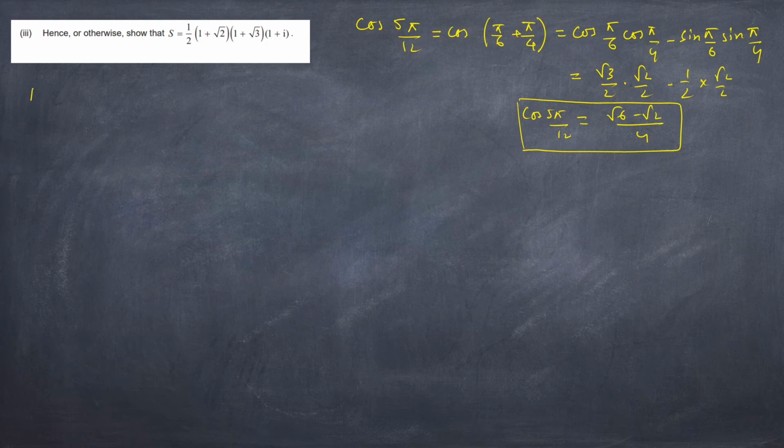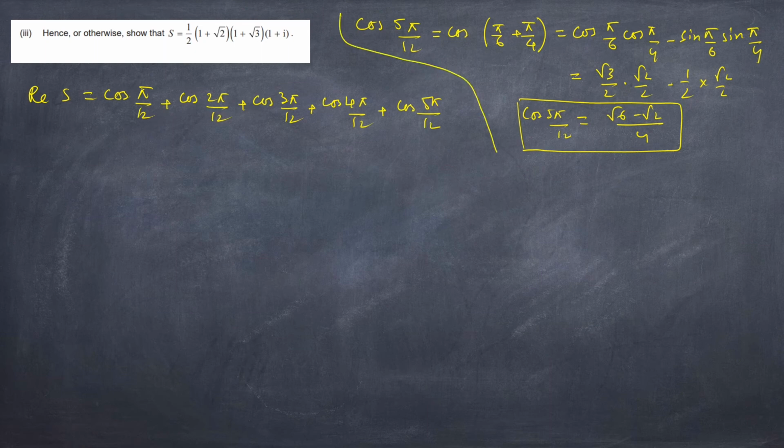So let us start with the real part. Real S equals, already we have done it, cos pi by 12 plus cos 2 pi by 12 plus cos 3 pi by 12 plus cos 4 pi by 12 plus cos 5 pi by 12.